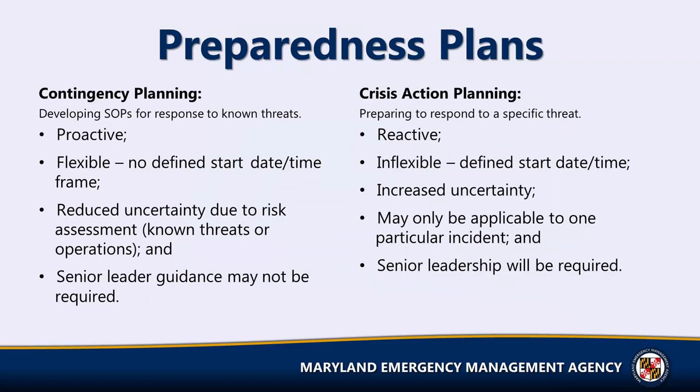As mentioned, preparedness planning occurs before an incident occurs. The characteristics of both contingency and crisis action plans are outlined on this slide. Contingency plans are developed for threats or hazards not currently impacting the community and do not have a defined start date. Examples include a hurricane contingency plan or cyber disruption plan.